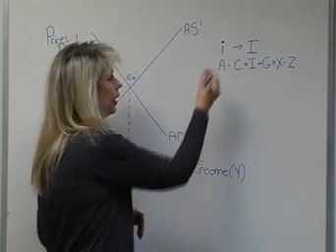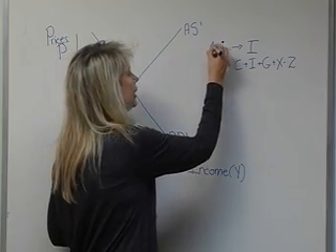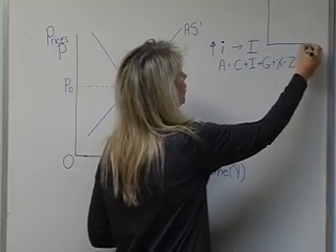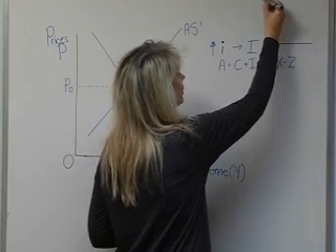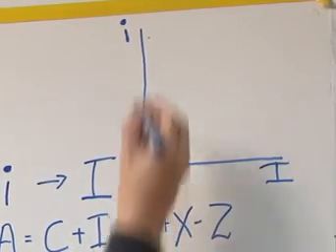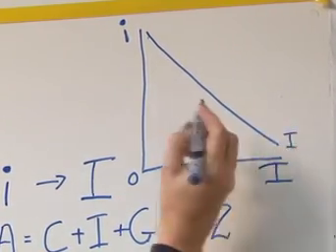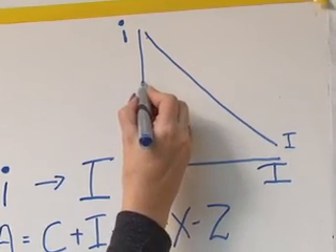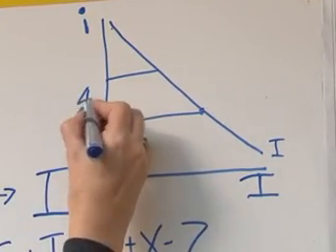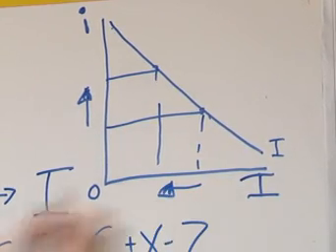Right, now we know that the question says the interest rate level increases. Now you will remember, if we draw the investment function, investment is a function of the interest rate level. And when the interest rate level increases, investment is going to decrease.